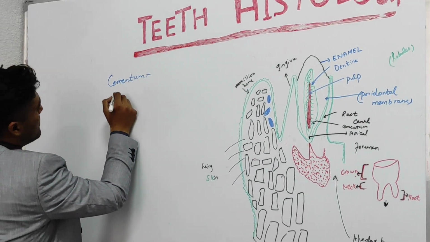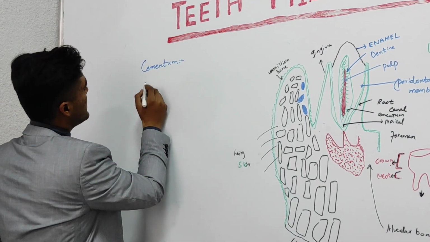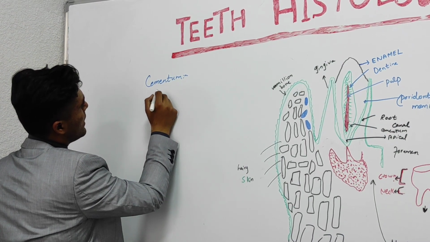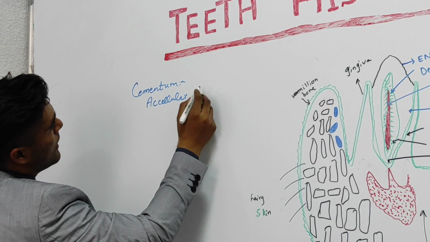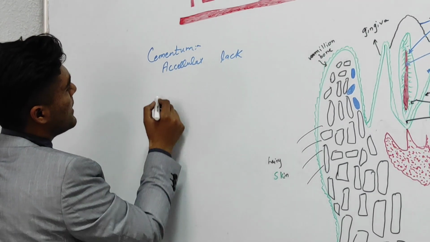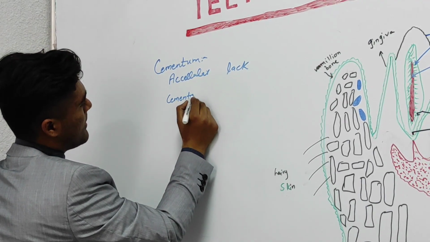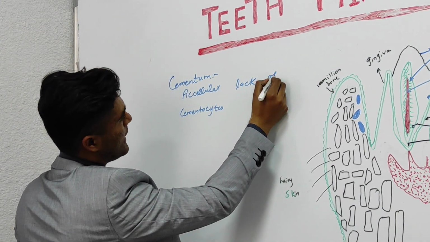Cementum helps to attain the teeth at their proper position, and cementum that is acellular lacks cells, and the remaining cementum which contains cells we know as cementocytes. Acellular cementum lacks any cells.